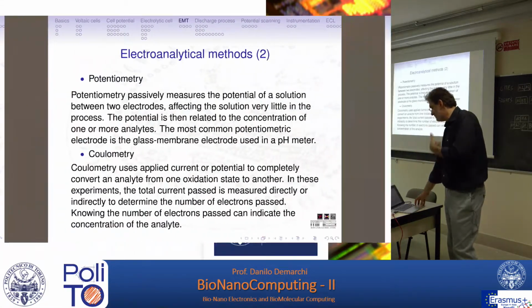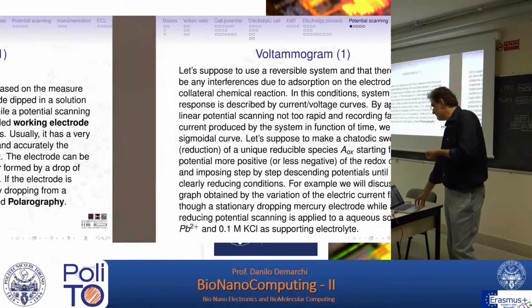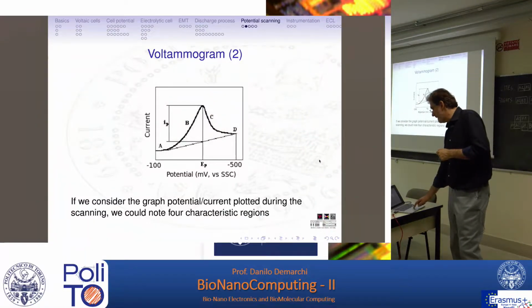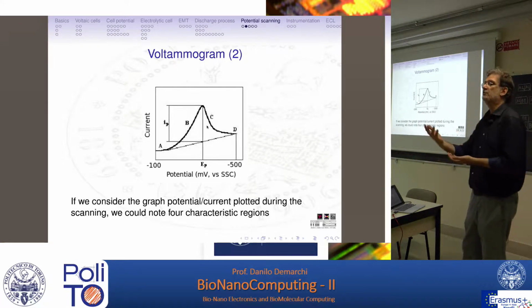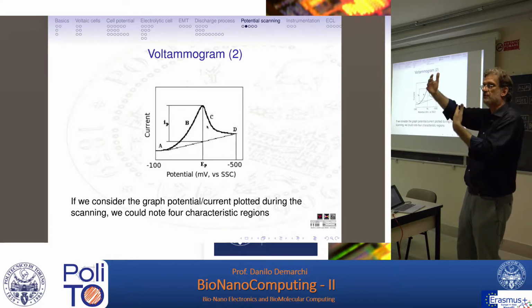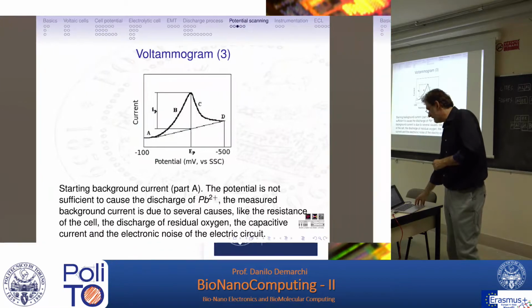I can use potentiometry, I can use colorimetry, but voltammetry is the most used, and voltammetry is like this. The voltammogram is based on the fact that if I have in solution the species that I want to detect, I have a current because I have a reduction or an oxidation on my elements, on my molecules. And so I read a current.